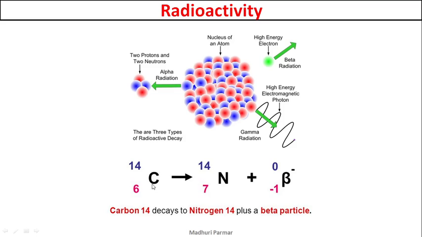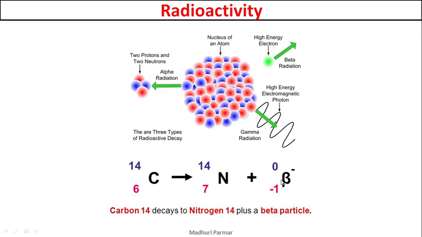As you can see, in carbon 14 one neutron became one proton. So there is an increase in the number of protons, from 6 to 7. Atomic number is the number of protons, and that is how you find out the element. So from carbon, the atom turns into nitrogen. Here the atomic mass remains the same, and this carbon gives out one beta particle.